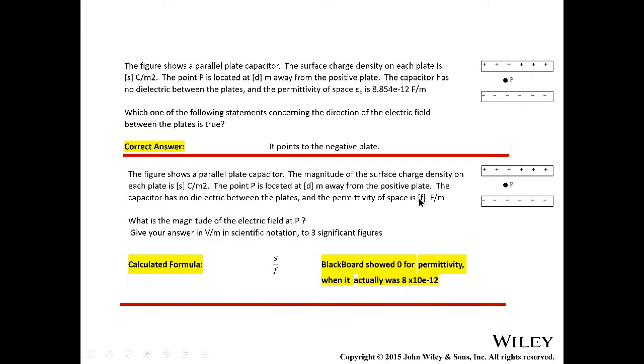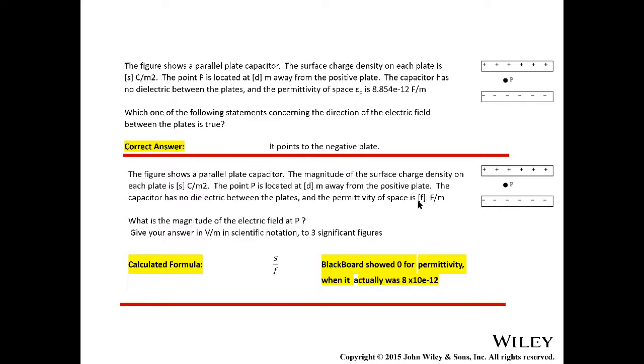And I really hate Blackboard. When it is a number, like 10 to the minus 12, it just gives 0. Whereas when I entered the number, it did have 10 to the minus 12. But somehow when it was produced on your screen, it is 0. Why? Because it is 0.000000000000008.